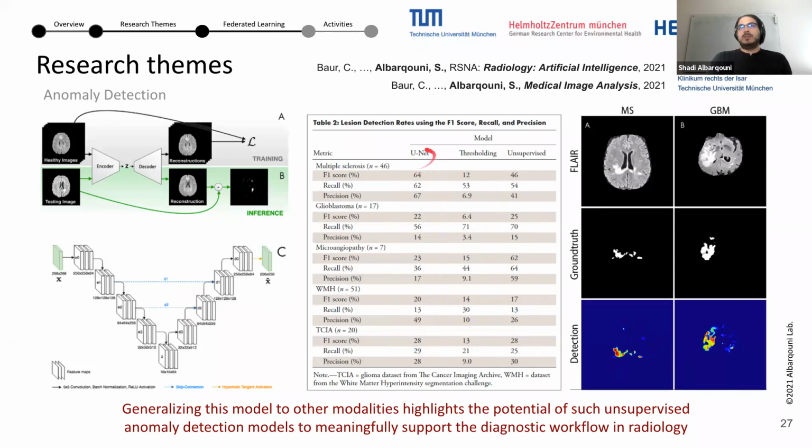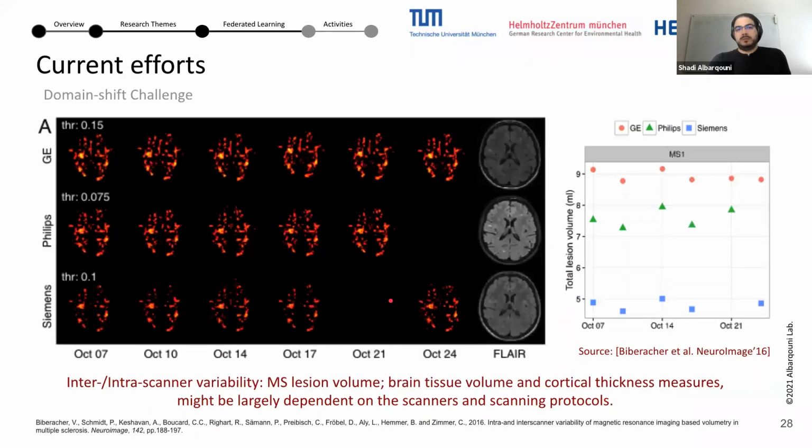And this low performance of the supervised U-Net is due to poor generalization to other datasets, which can be attributed to the domain shift between the different databases. And indeed, this has also been reported in the literature.